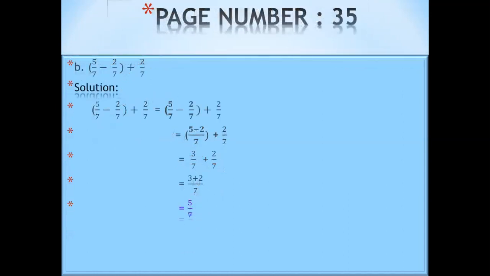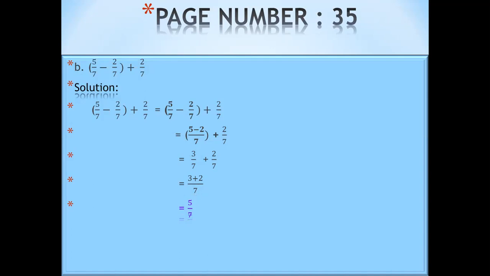Come to the next part. 5 over 7 minus 2 over 7, plus 2 over 7. Now within the brackets, subtraction is given, and after subtracting the fractions, we add 2 over 7 to it. Again, the denominator is the same.